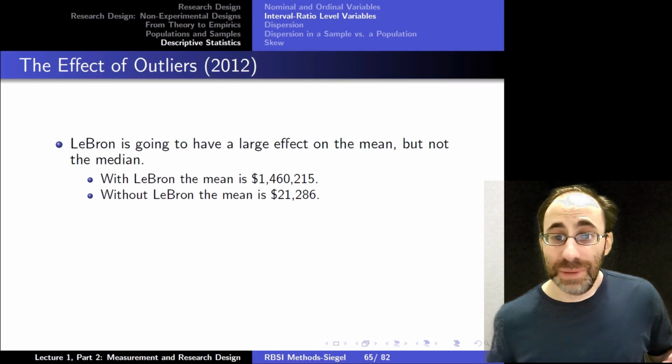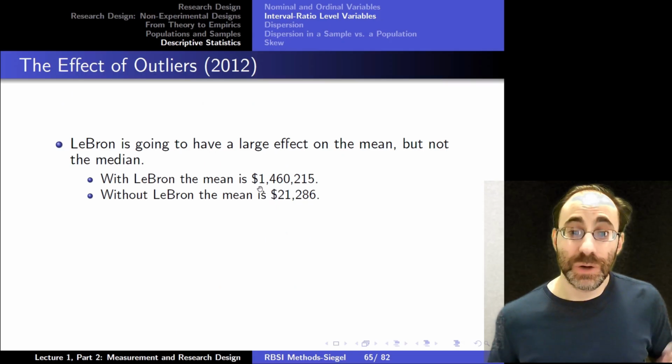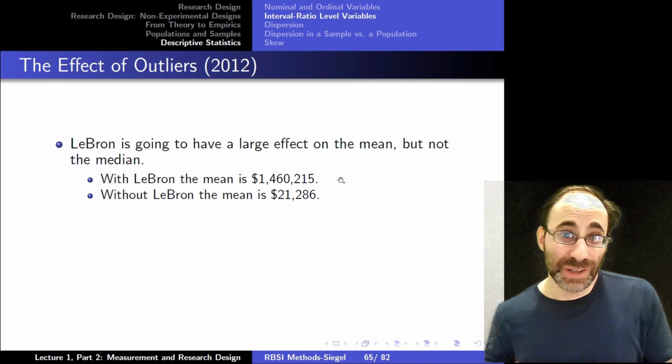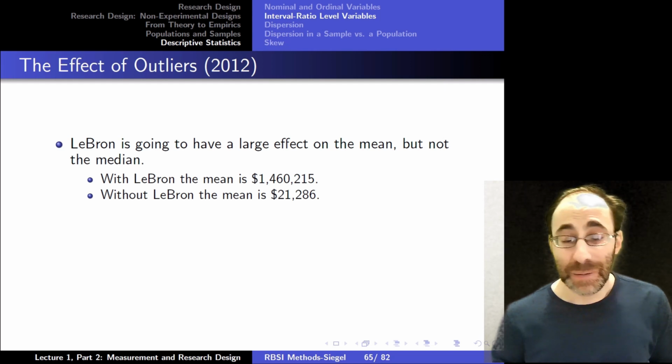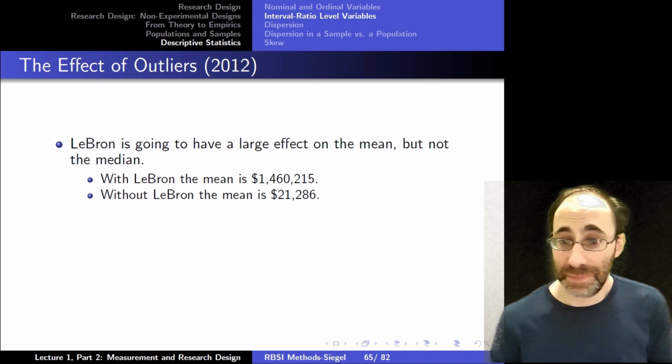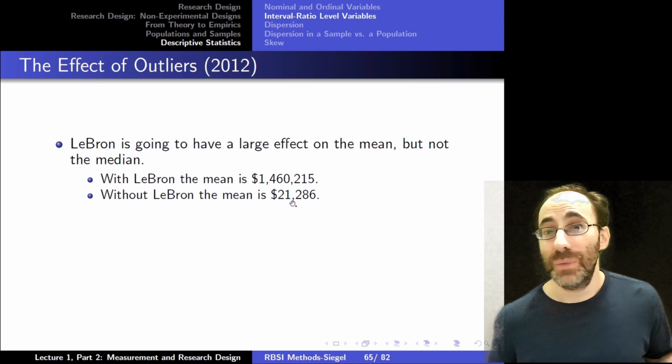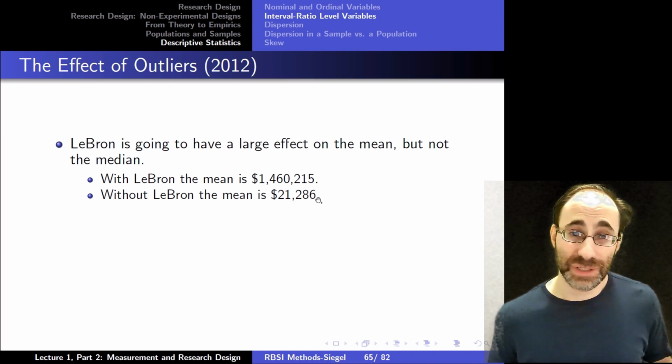The mean with LeBron James is over $1 million a person. An income mean that's over $1 million a person for 25-year-olds is not going to be very informative about the average person's income. And in fact, if you remove the outlier of LeBron James in this case, you get 21,000. So a huge difference.